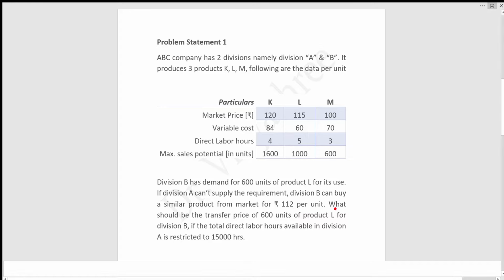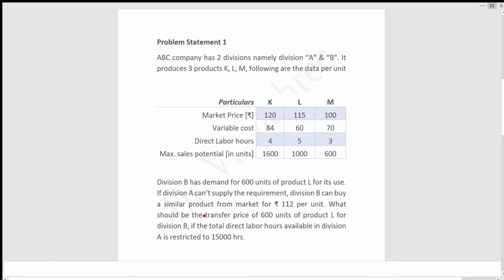Further, it's asked what should be the transfer price of 600 units of product L for Division B if the total direct labor hours available in Division A is restricted to 15,000 hours. That is, we have to calculate the transfer price for 600 units of product L for Division B, which has to be given by Division A. The restriction for Division A is that the total direct labor hours available is restricted to 15,000 hours.